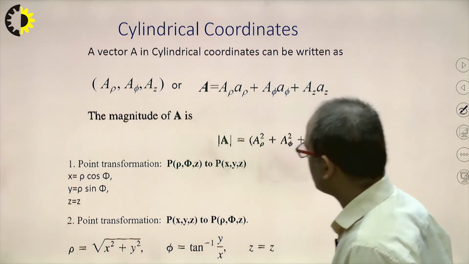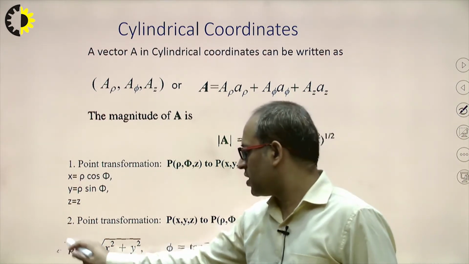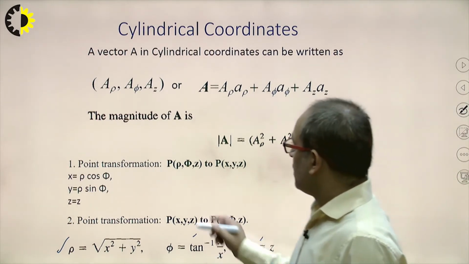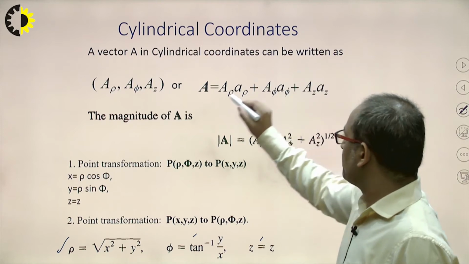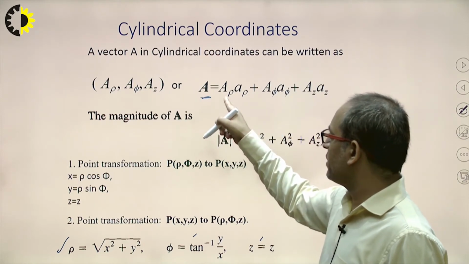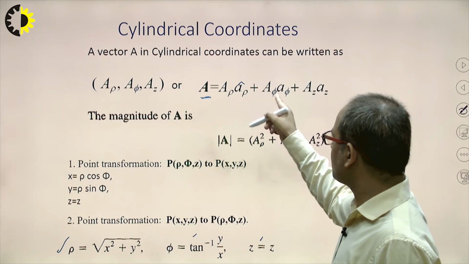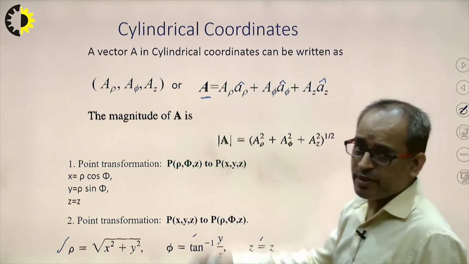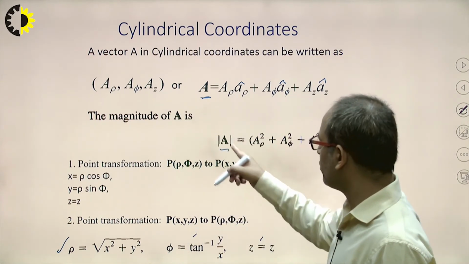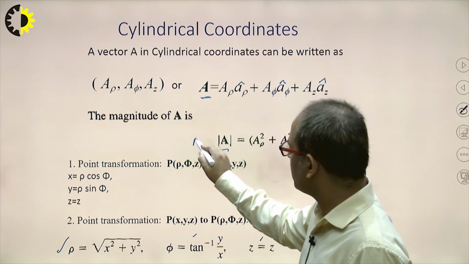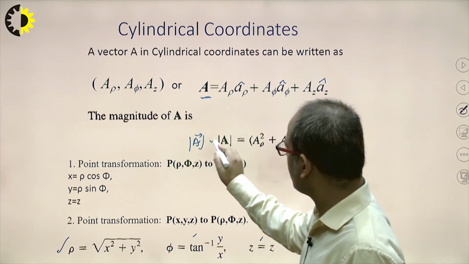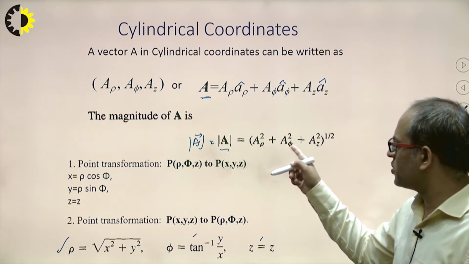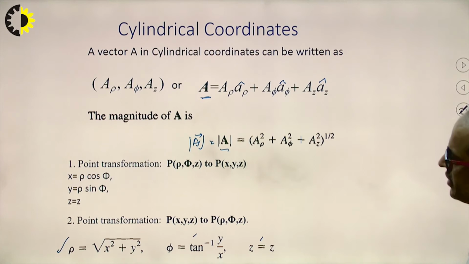Now see, this one is the relationship which I have already explained. In the cylindrical coordinate system, a vector is represented by A rho a-cap rho, plus A phi a-cap phi, plus A z a-cap z. So if I want to calculate the magnitude of a vector, it is equal to the square root of A rho square plus A phi square plus A z square.